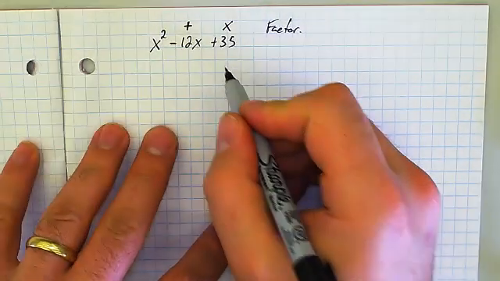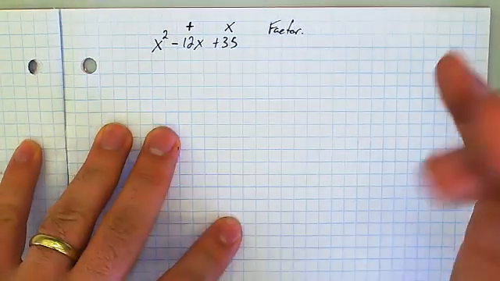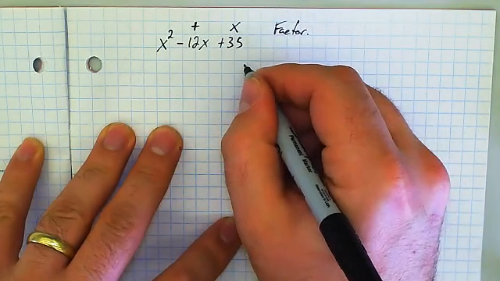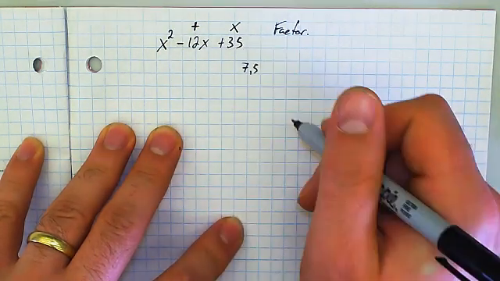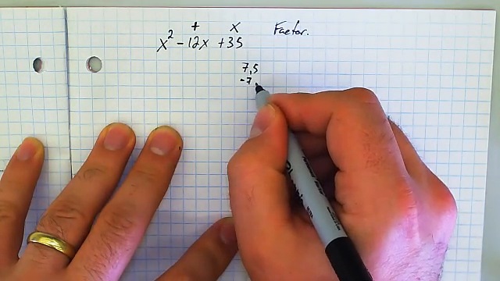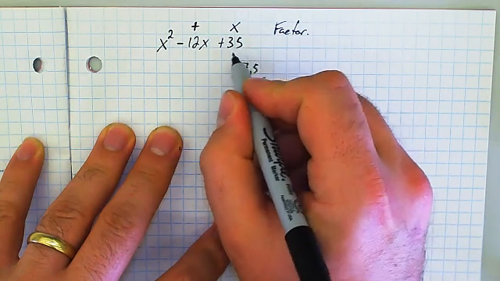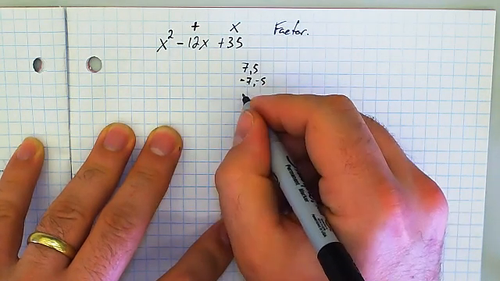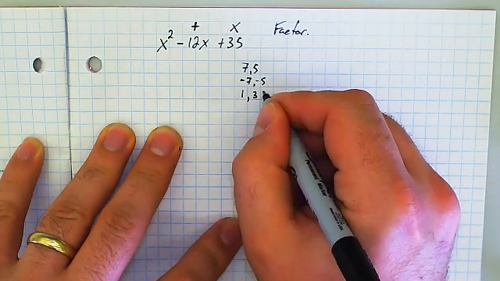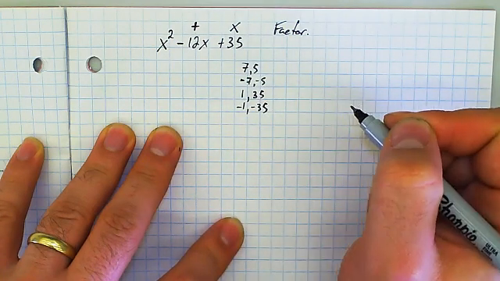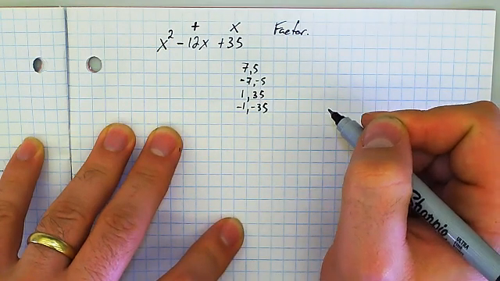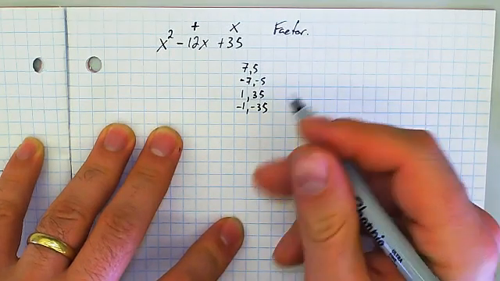The way we're going to do this is we want to find out all the multiples of 35, both positive and negative. So I remember that 35, 7 times 5 gives me positive 35. Negative 7 and negative 5 also give me positive 35. I have 1 and 35, negative 1, negative 35.